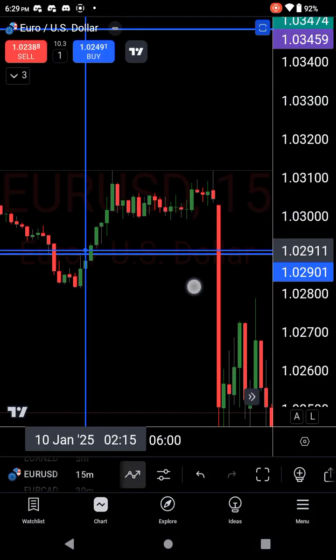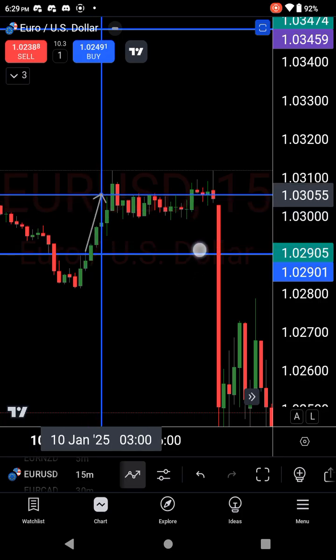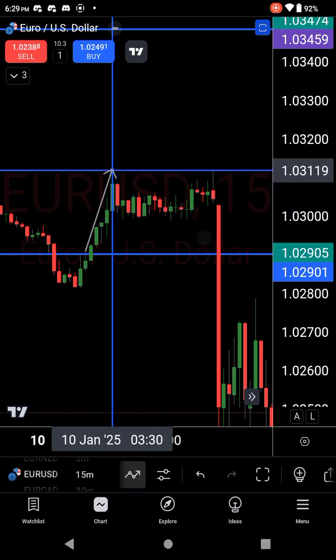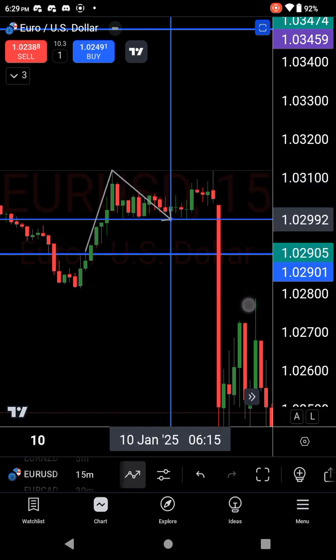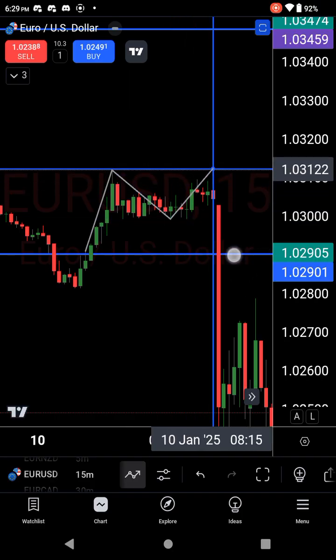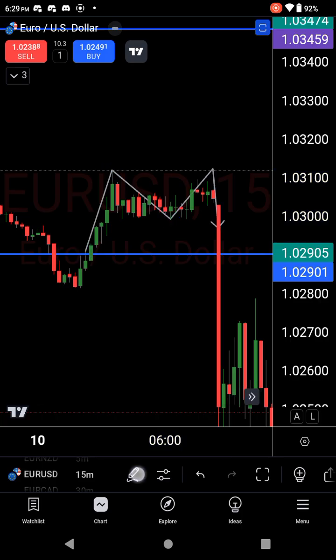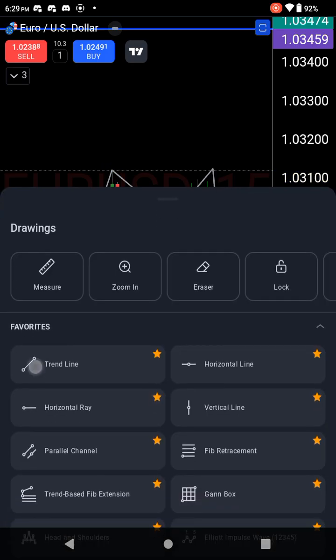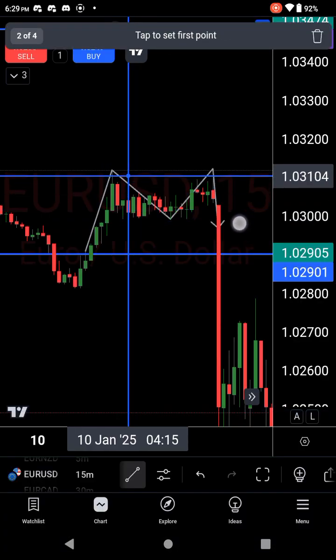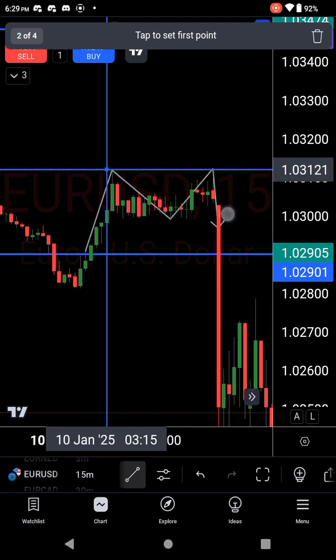So if I was trading Euro USD, for example, I would be using this method to day trade or to scalp. So that is our double top right there. Good. That is our double top.